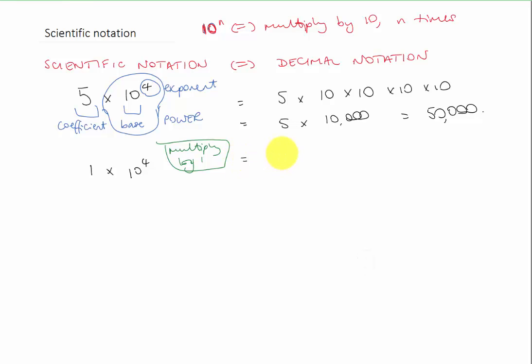So that's the same as saying 1 times 10 times 10 times 10 times 10, because the exponent is 4 and therefore we need to multiply by 10 4 times. So that's 1 times 10,000 equals 10,000.